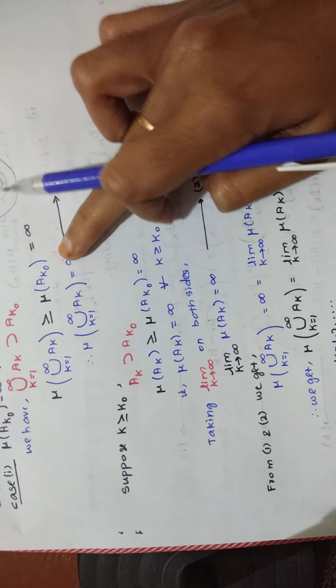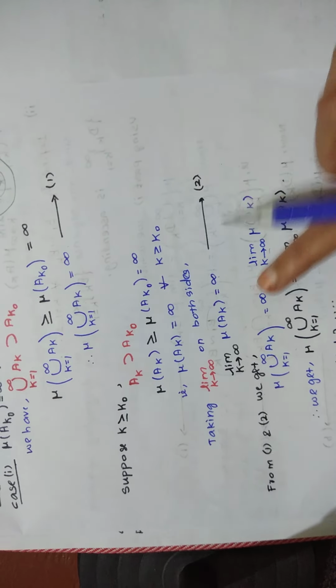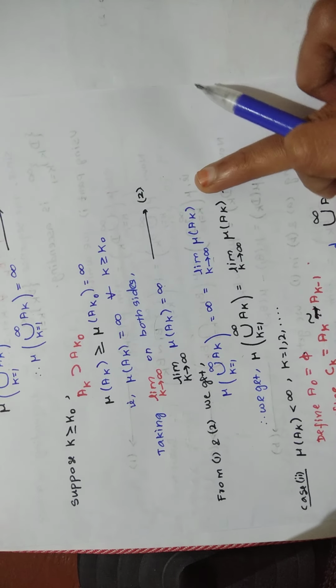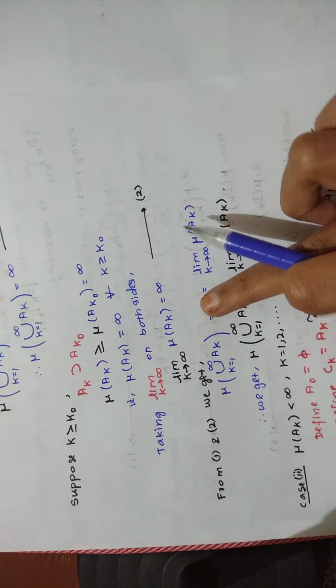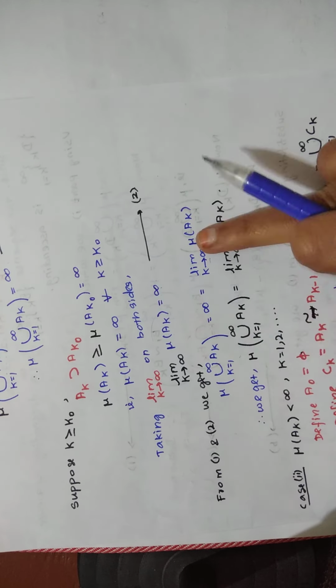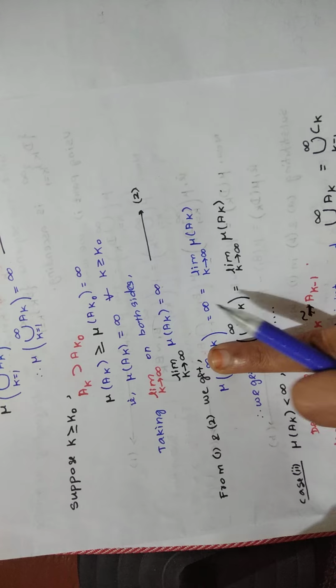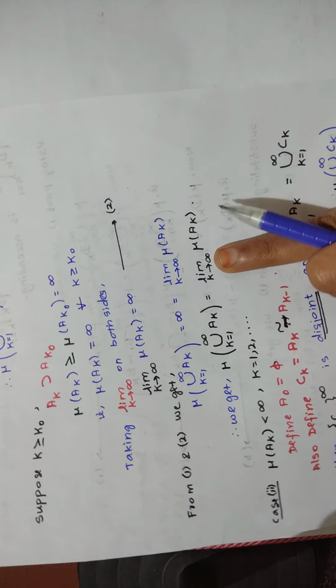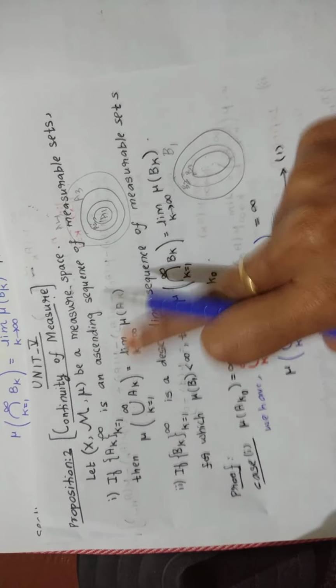Write this first, then put infinity, and equal to, and then write this. So from this line, the value of this is also infinity and the value of this is also infinity. So from this line you can write this equal to this. So you have proved what they asked us to prove in the statement. You have proved it. Okay.